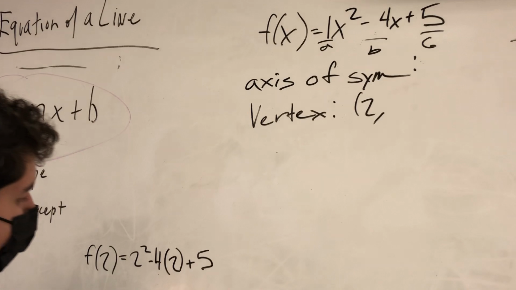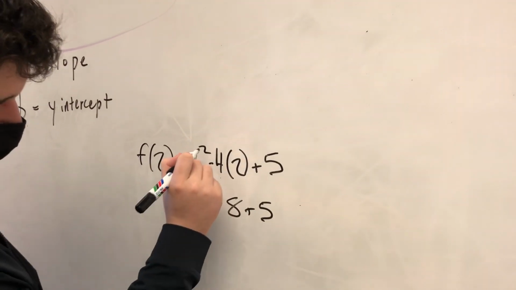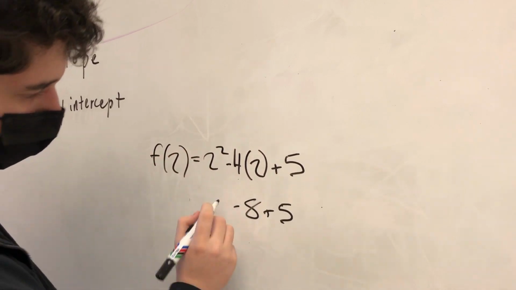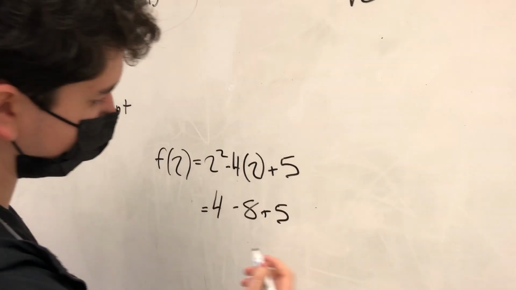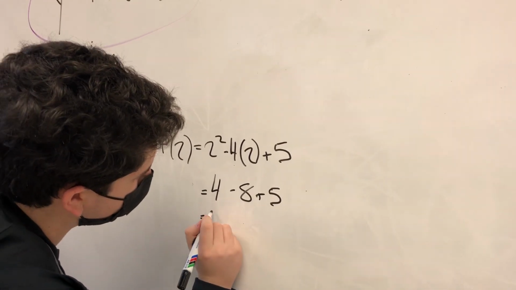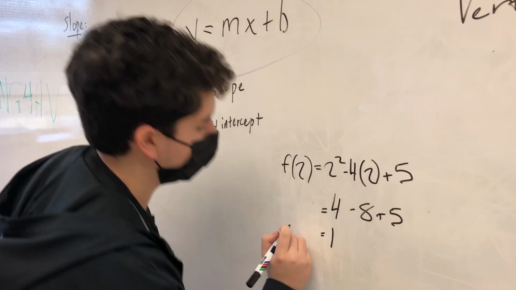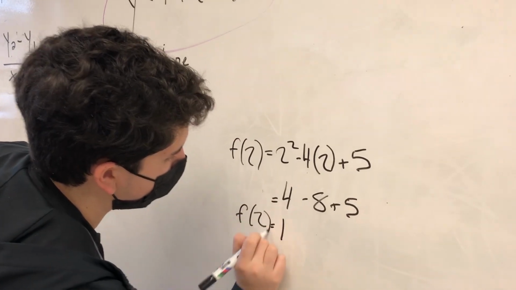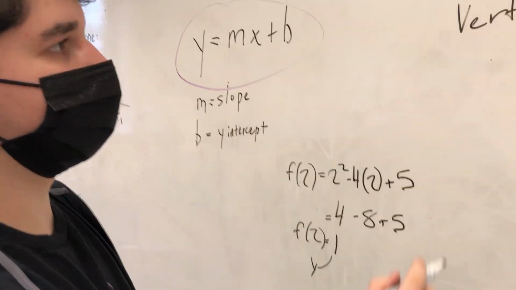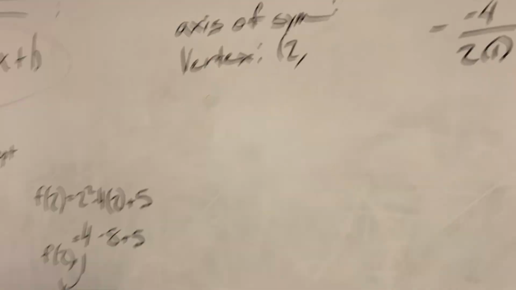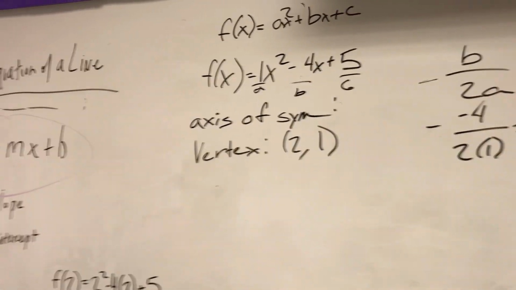Negative 4 times 2 is negative 8, and 2 squared is 2 times 2, which is 4. So we have 4 minus 8 plus 5, which is equal to 1. So that is f of 2, or y. So then we go back into our vertex, and we just got it as 1. So our vertex is (2, 1).